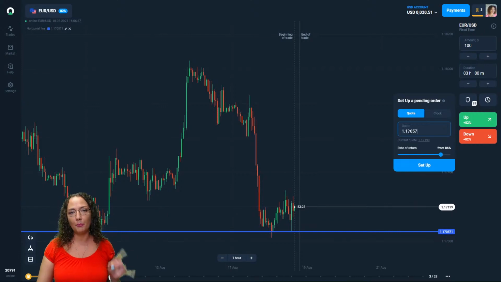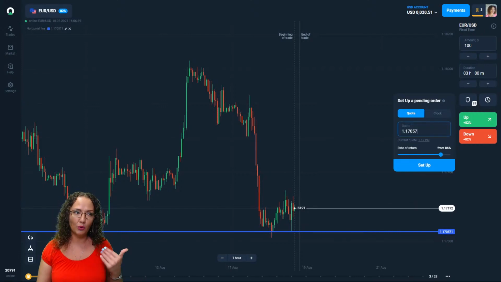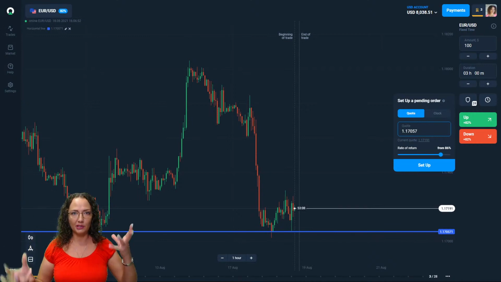And another parameter that you want to pay attention to when you're setting up the pending order is this rate of return scale. My friends, you probably have noticed that the rate of return on FTT periodically fluctuates. It changes due to market conditions.